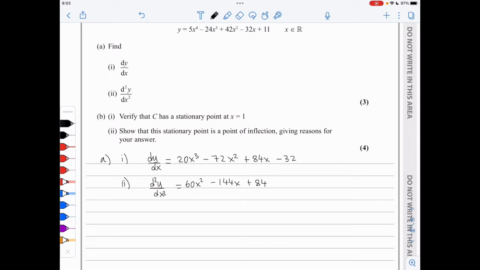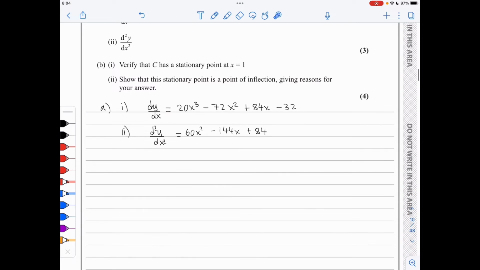And then in part B, we need to verify that C has a stationary point at x is 1. Now, one of the key words here, verify, means that I just need to show that when x is 1, we have a stationary point. And the stationary point simply means that we've got dy/dx being 0.